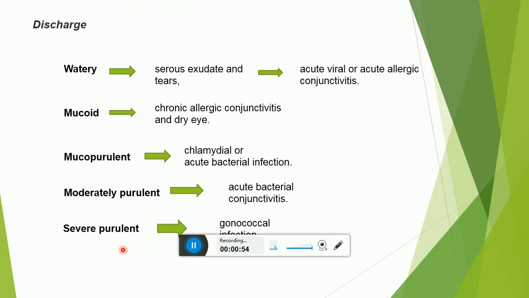The next is inflammation clinical features: discharge. The discharge may be watery, mucoid, mucopurulent, moderately purulent or severely purulent. Watery discharge occurs in acute allergic conjunctivitis and acute viral conjunctivitis. The watery discharge contains serous exudate and tears.